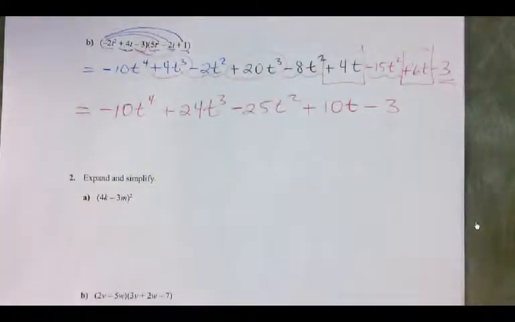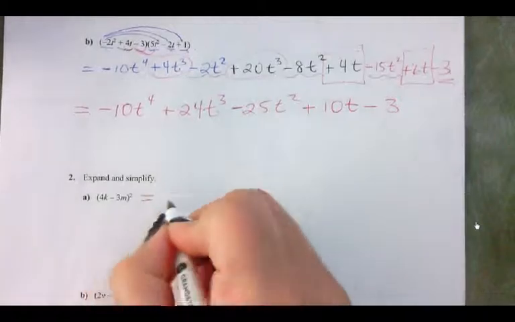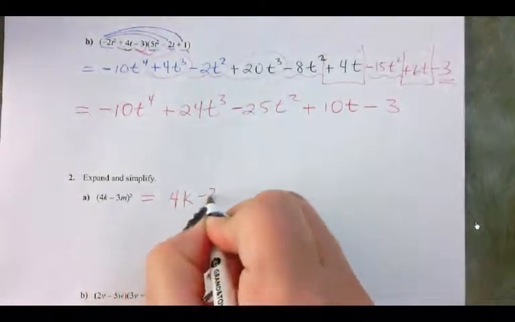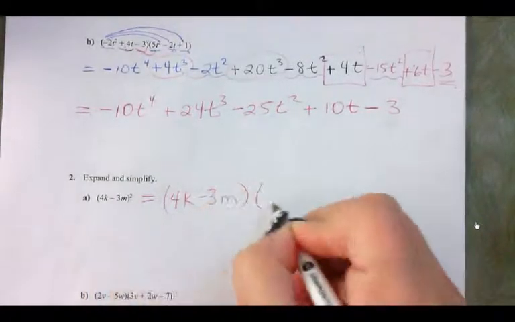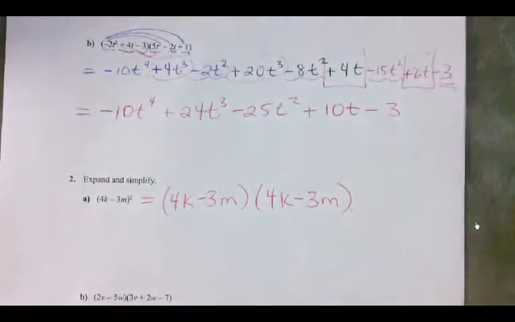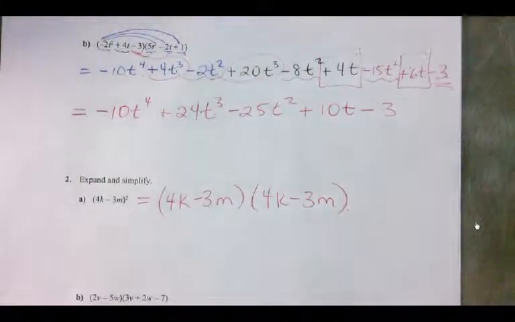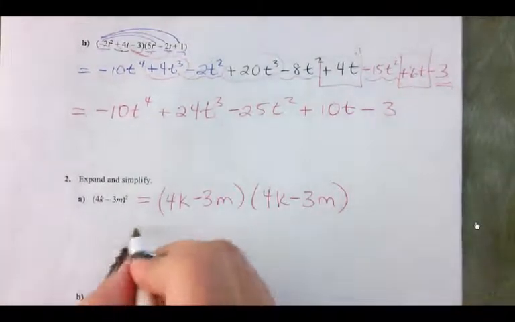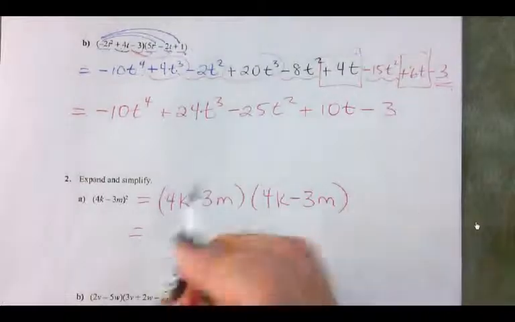So this, you need to rewrite as 4k minus 3m, 4k minus 3m, okay? And then you have to run the distributive property on this. And combine your like terms, do the hokey pokey, turn yourself around, and that's what it's all about.